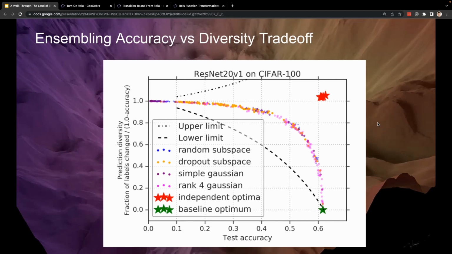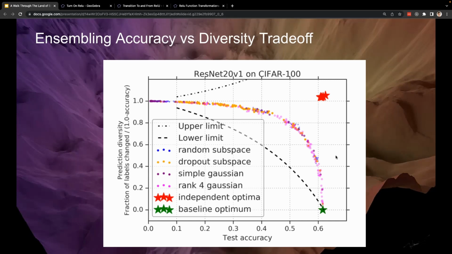For the point with test accuracy 0.5, it was getting 50% right on the held-out test data. And what 0.8 means is that of however many it got wrong, by applying the pink perturbation, whatever that is, rank 4 Gaussian, 80% of the things it got wrong, it changed predictions on. I see. I'm not quite sure what this curve means, but that's how I'm reading the axes.